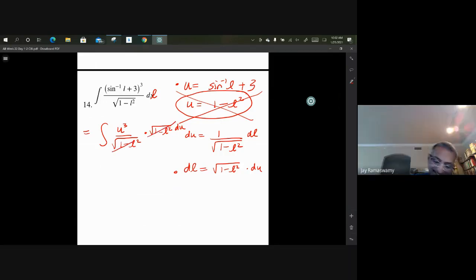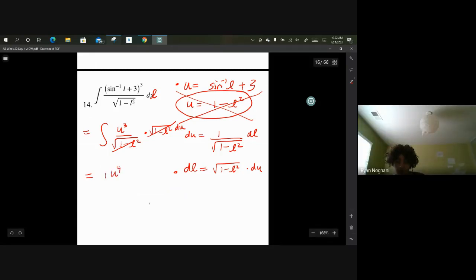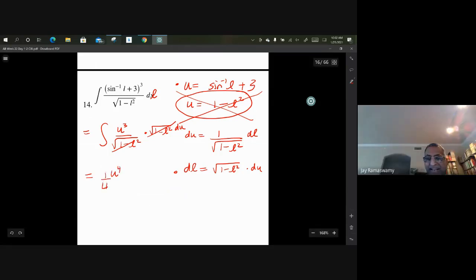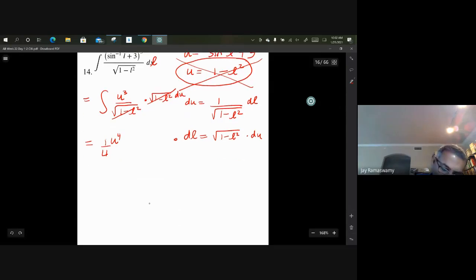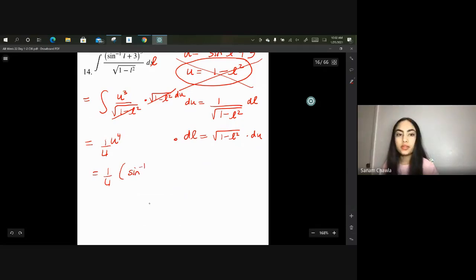Is that clear? And then simple power rule, guys. What's the integral of u cubed? U to the 4th over 4. Everybody okay there? And absolute last step. What was u after all? Sine inverse of L plus 3, to the power of 4, plus c.